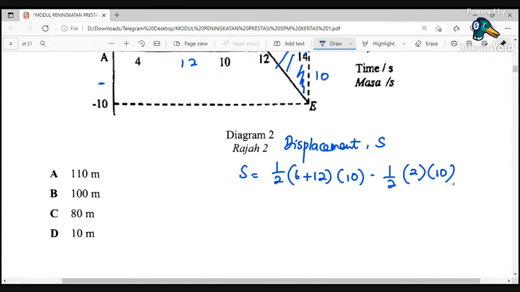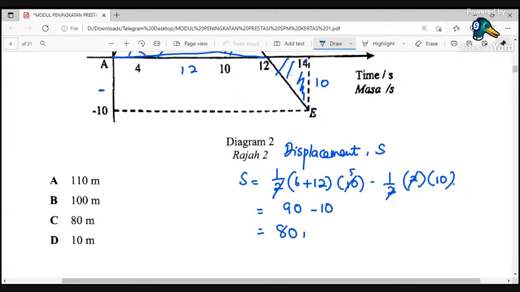So you can calculate for this one what you get. Okay. This one is 18 times 5, 90. 90 minus 10. So you get 80 meter. Okay, so answer ialah C.